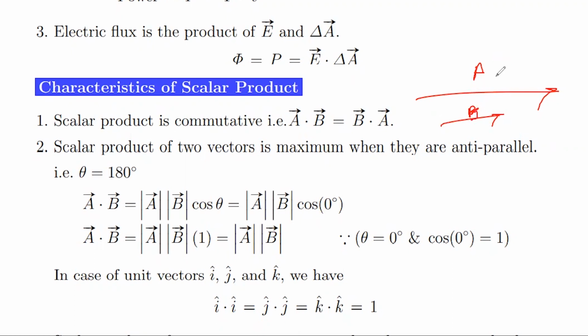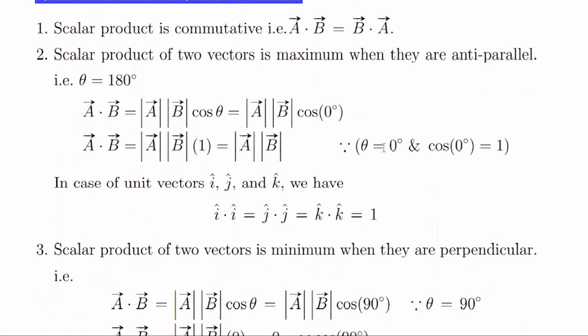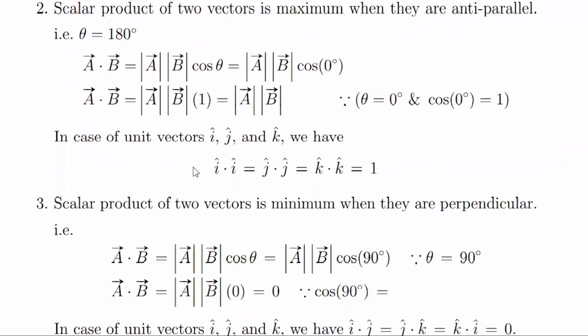These two parallel vectors show that theta is 0 and cos 0 is equal to 1. Then we will get the result AB cos 0, which is equal to AB. Their unit vectors can also be described in case of parallel. Because unit vectors have magnitude 1, we will put 1 here, 1 here, and 1 multiplied by 1 is equal to 1. Like I dot I, J dot J or K dot K, they are all equal to 1.